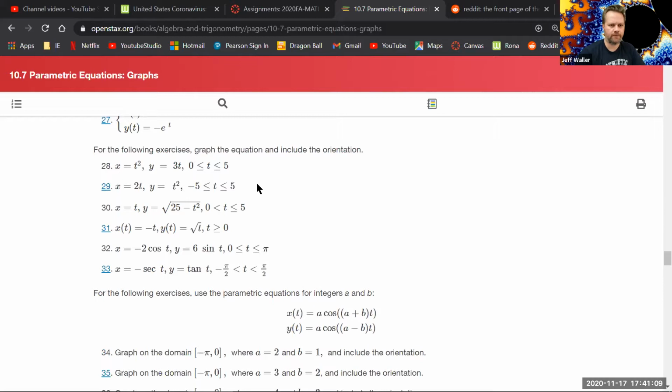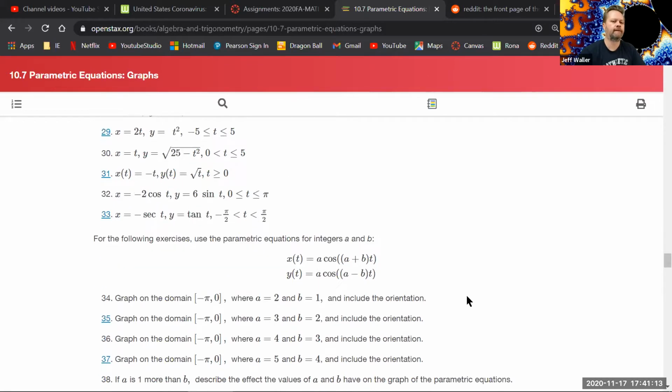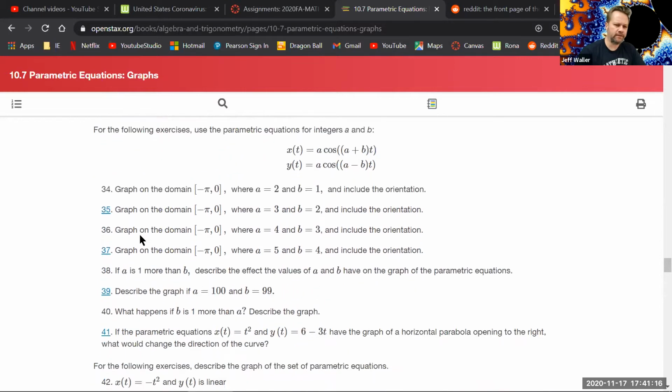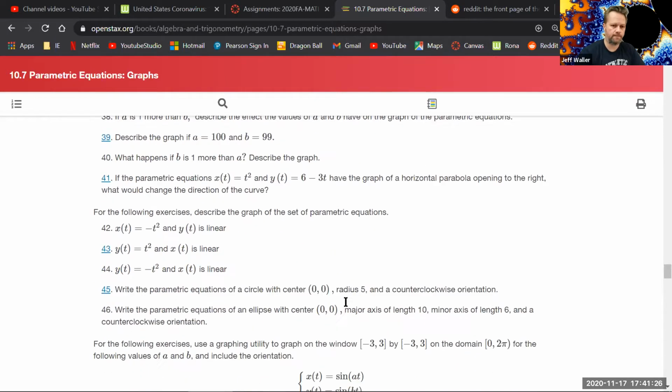Let's see. Here they give you a domain for t, which is always nice. And then this one I think I assigned like 36 and 39. It was a little bit evil because you do have to kind of look at some of these to get the idea for number 39, but have fun with that.